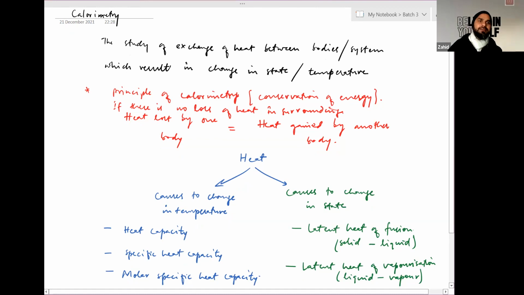Atif, any doubt? No, sir. Okay, just write it down. Abhinav, is it clear till this part?